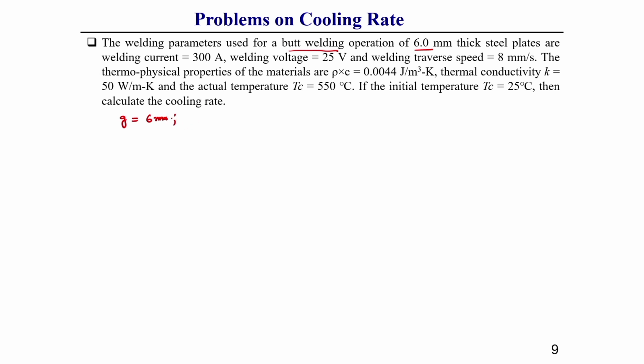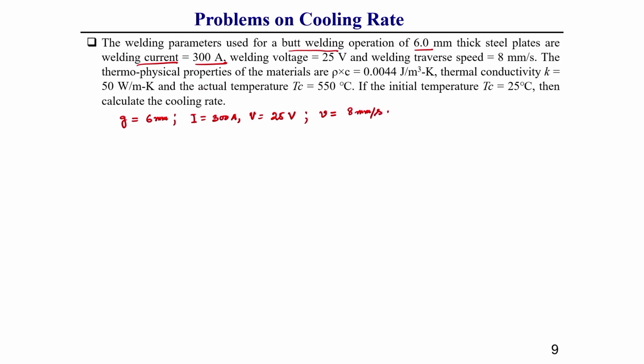Welding current I is given as 300 ampere. Welding voltage V is given as 25 volt, and welding transverse speed, small v, is given as 8 millimeter per second.